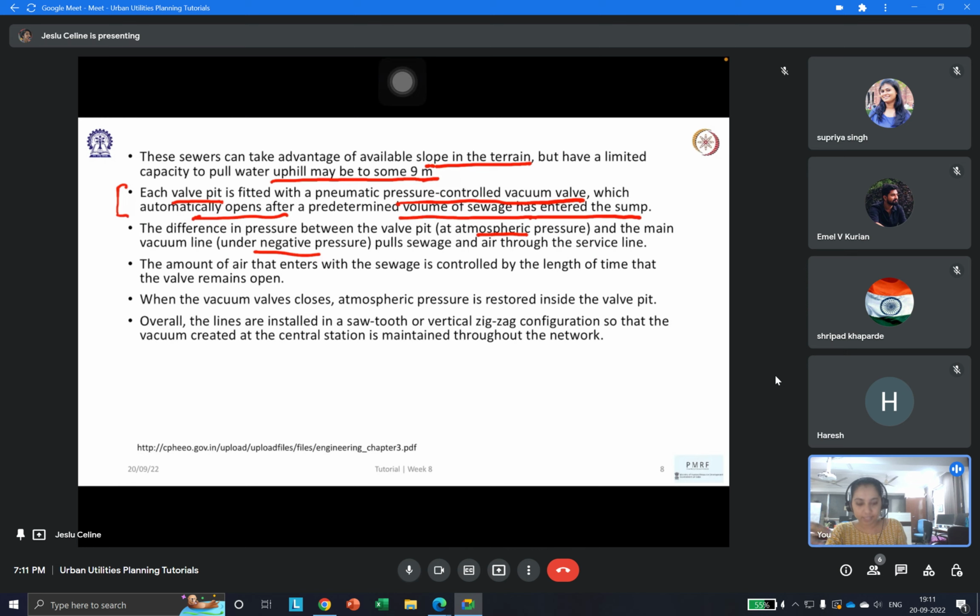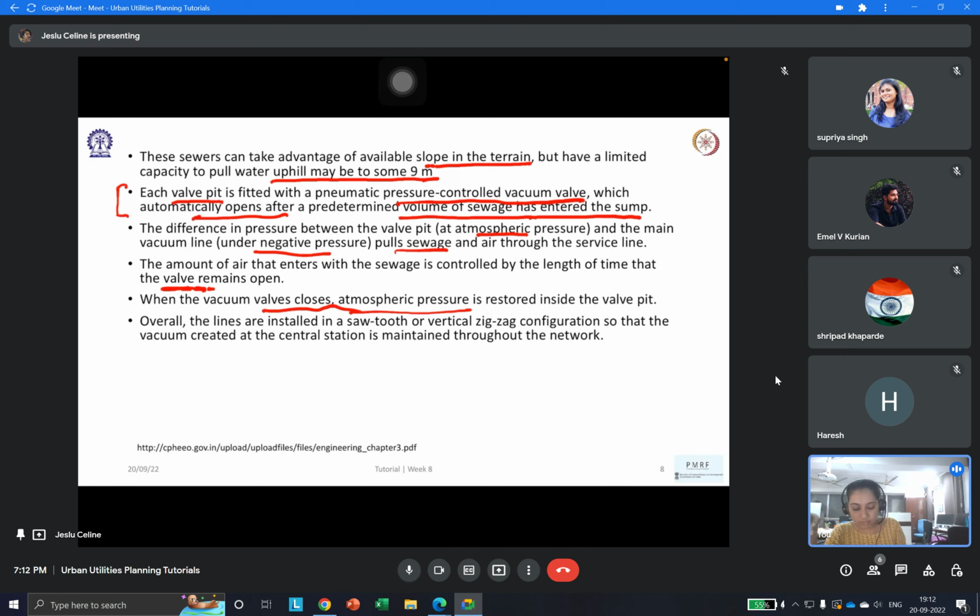So there's a negative pressure which pulls the sewage into the service line. The amount of air and sewage pulled is controlled by the valve keeping it open. This is how the whole process happens. When the valve closes and shuts, the atmospheric pressure is regained.